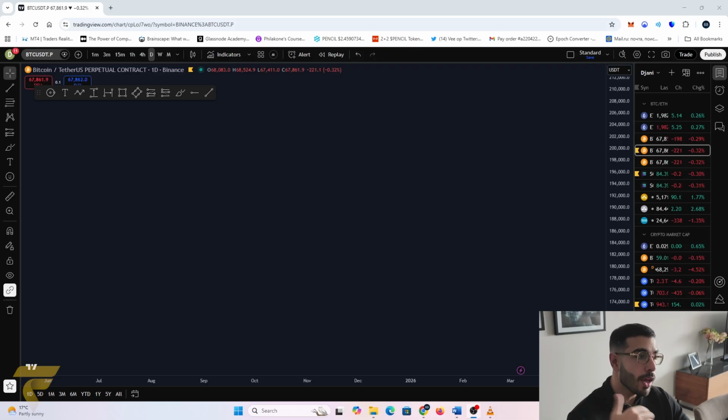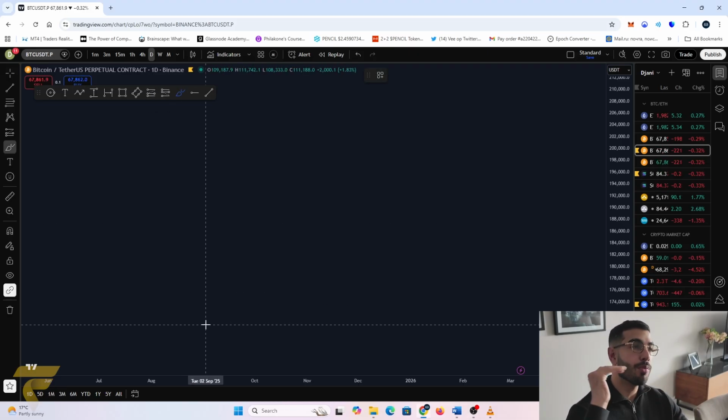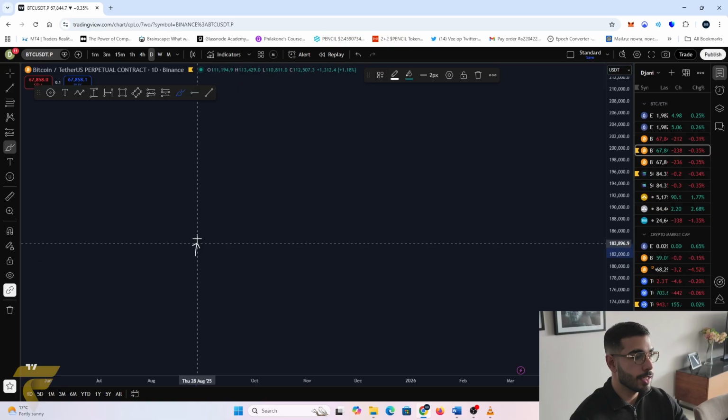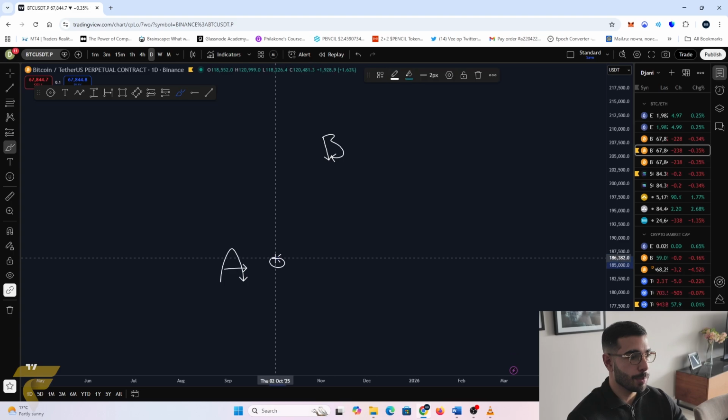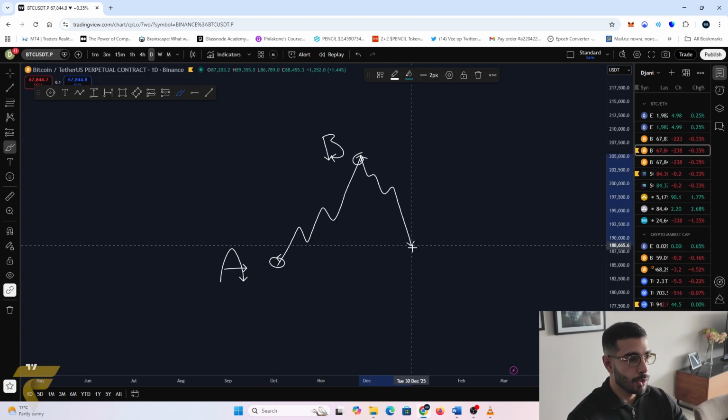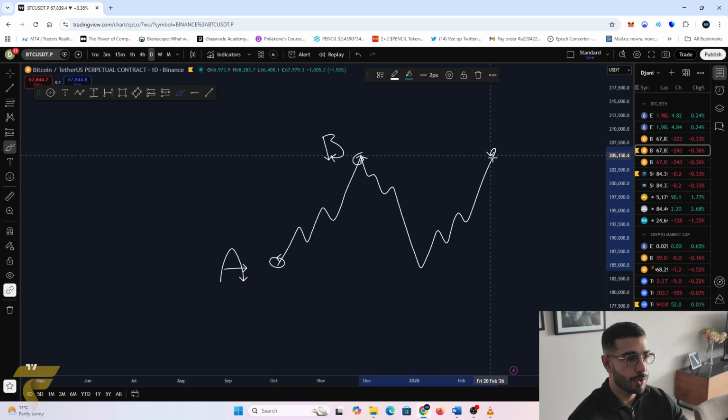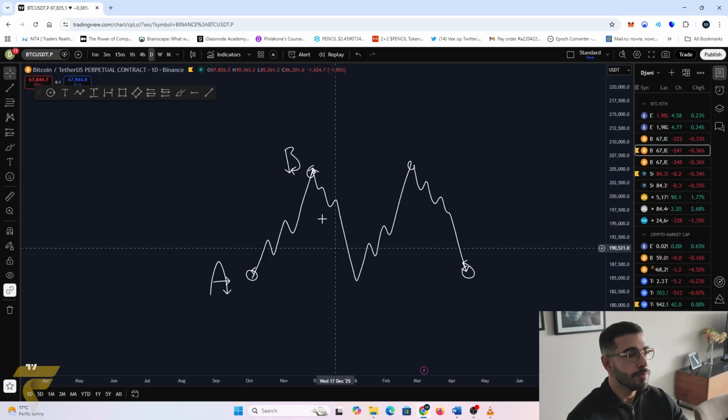Okay, so allow me to explain it by showcasing it in a phase where price action is ranging. So it's going from point A to point B and back and forth. So this is point A and this is point B. So hypothetically speaking, let's say price would start at point A, eventually goes to point B, goes back to point A, and so forth, of course.